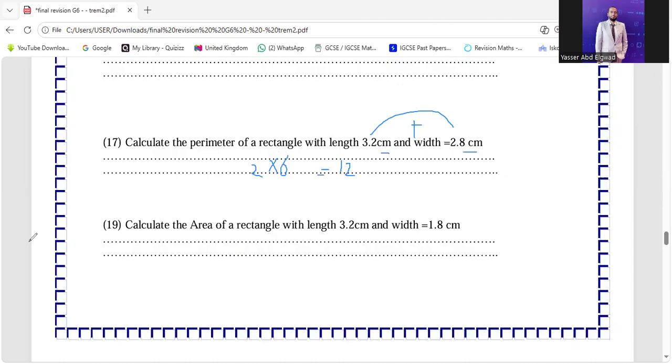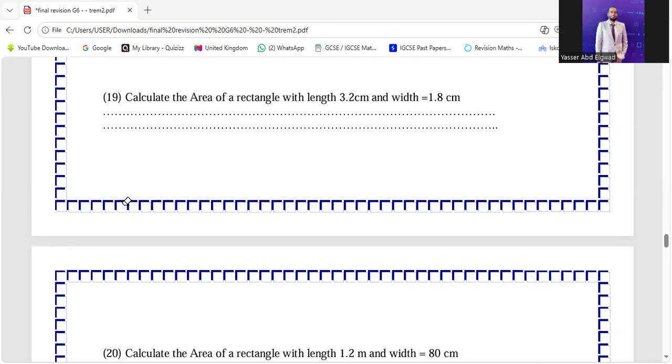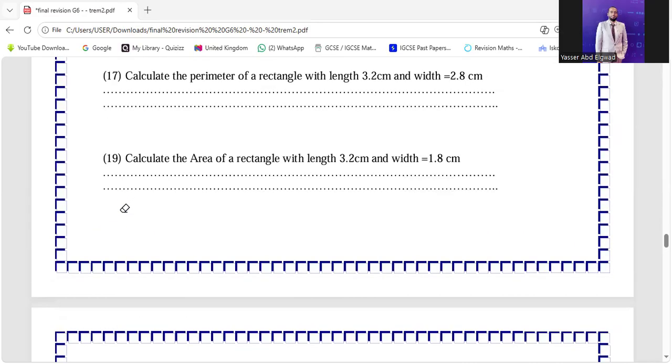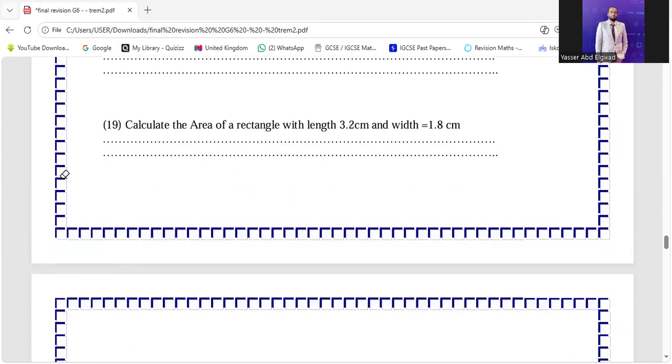The next one, number 19. Calculate the area of the rectangle. Here is the area, not the perimeter. We have to multiply: 32 multiplied by 18. Don't care about the decimal point, multiply without the decimal point. 8 multiplied by 2, 16, up 1. 3 multiplied by 8 equals 24 plus 1, 25.